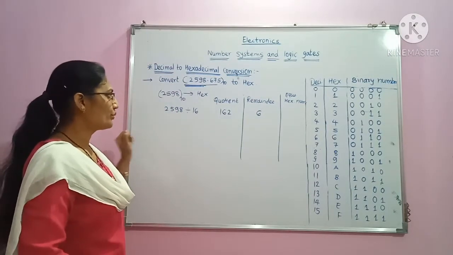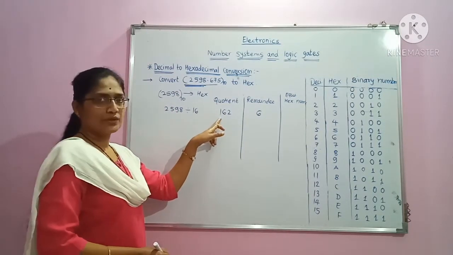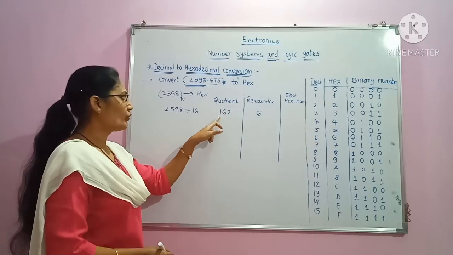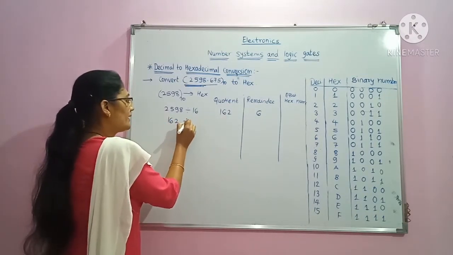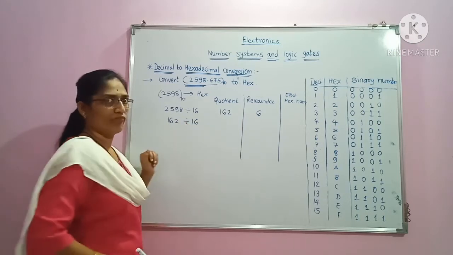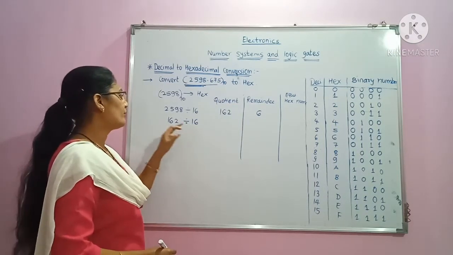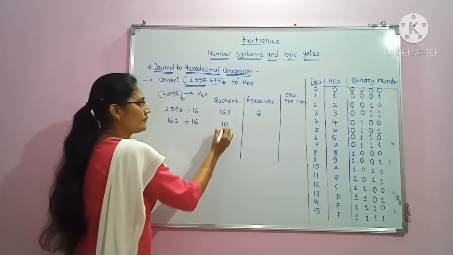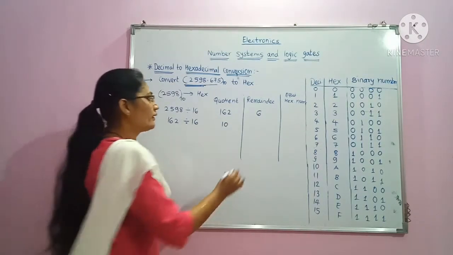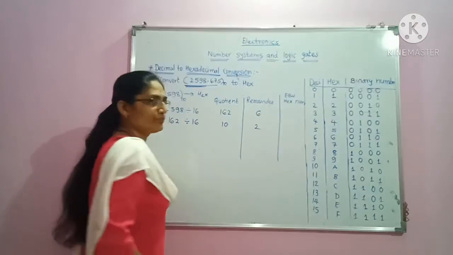Again, as the quotient is non-zero, we have to take that quotient and divide it by 16 again. When you divide it by 16, the quotient comes out as 10 and the remainder comes out as 2.